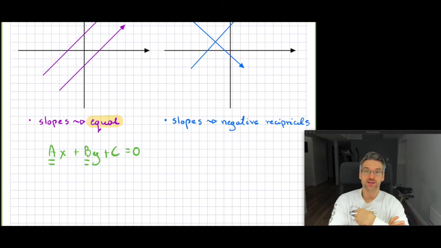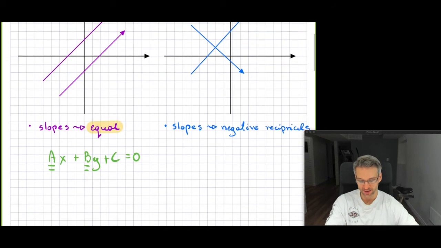Now, I personally don't worry if somebody gives me 2 equations of a line and they're in standard form. I just put them into the slope-intercept form right away. I just isolate, and then I can easily check if the slopes are equal. So finding the slope is the easiest way to see if lines are parallel.